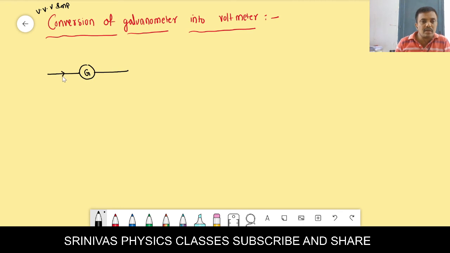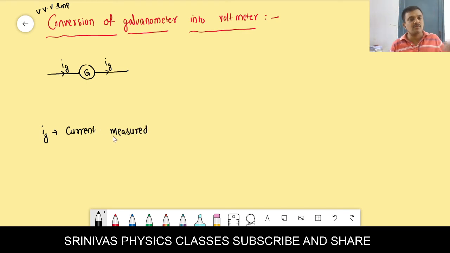The galvanometer can measure a maximum current of Ig. Ig is the current measured by the galvanometer for full scale deflection. Full scale deflection, when does it come? When maximum current passes through it, full scale deflection, a full turn, comes in the meter. The meter is showing readings like these.